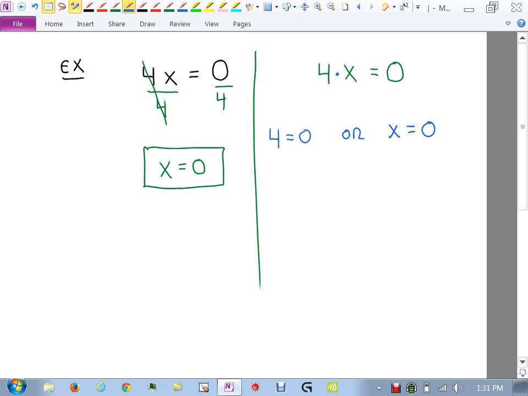Do y'all see how that's the zero factor property? Well, what can you tell me about this? 4 is not 0. Okay, so that can't happen, which makes x have to be equal to 0. That's using the zero factor property.